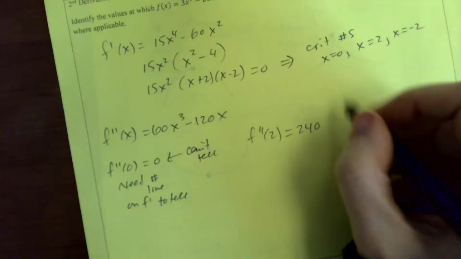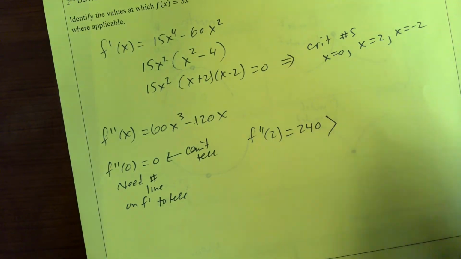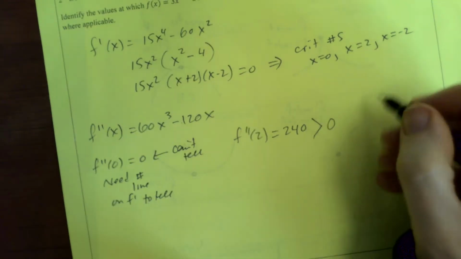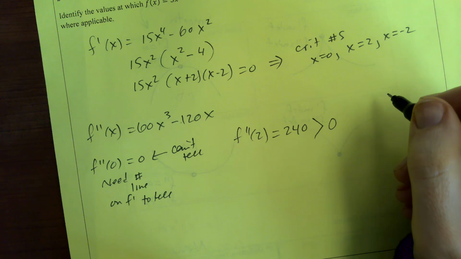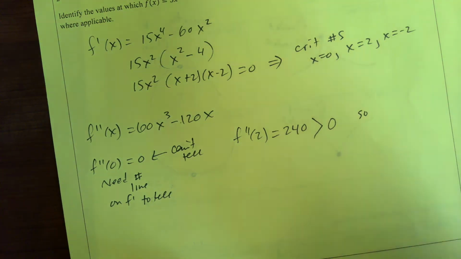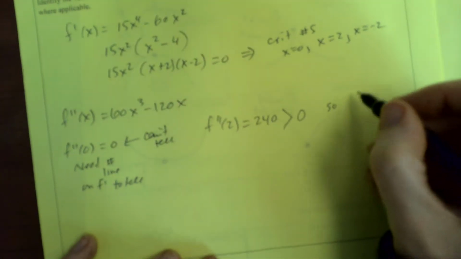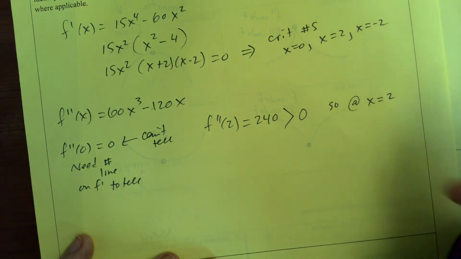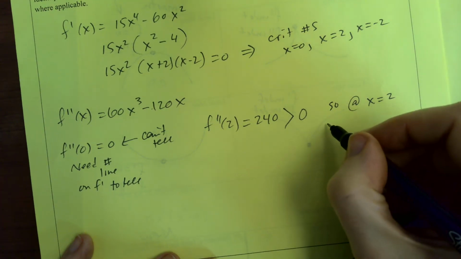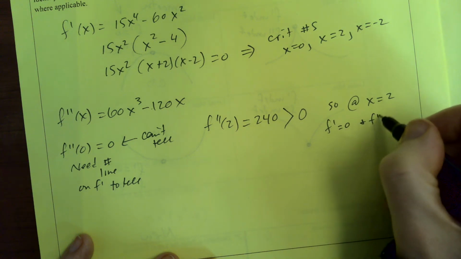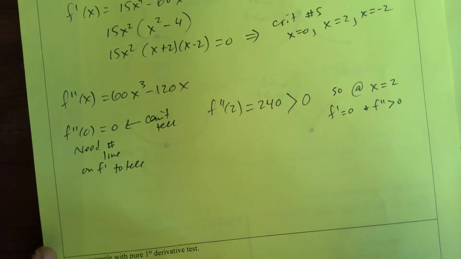Okay, so this is greater than 0. So at x equals 2, f prime equals 0 and f double prime is greater than 0.